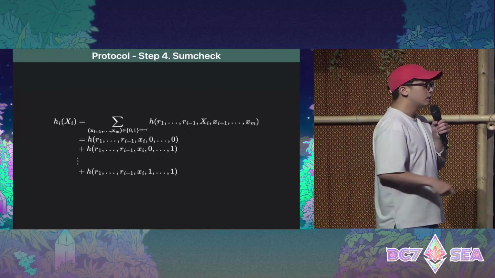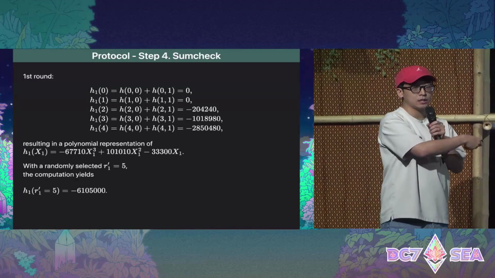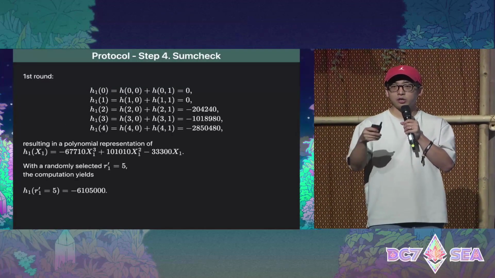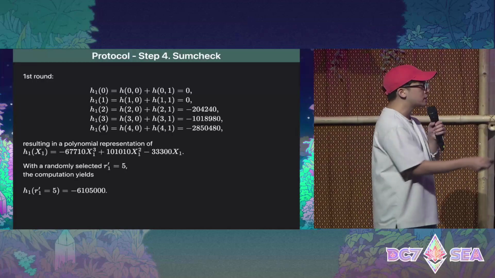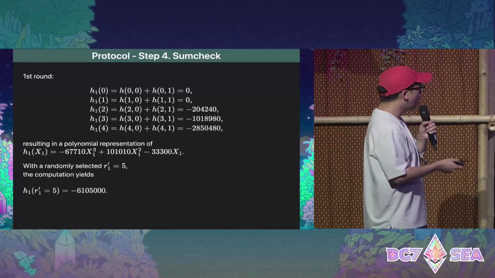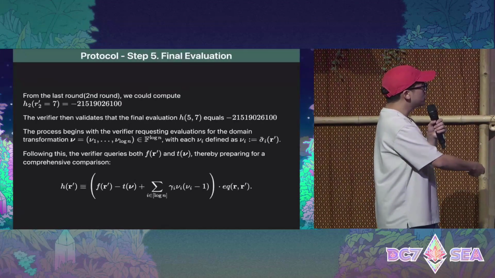We run sumcheck. The first round will look like this. You can see here the intermediate univariate polynomial is not a linear function. It has some degree. And we run the following rounds.